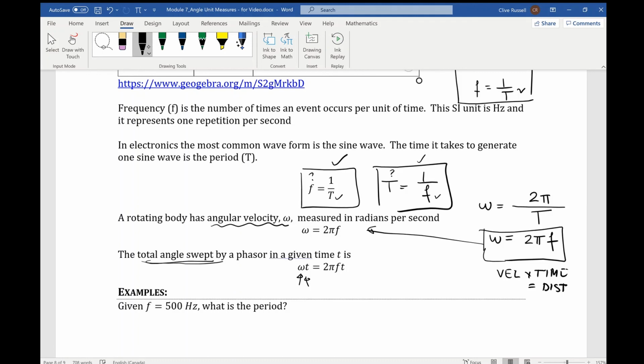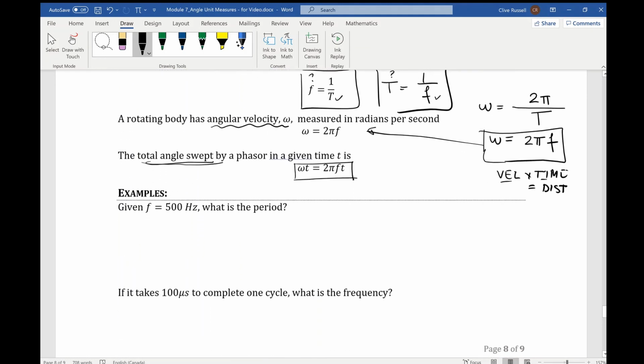We know the angular velocity is 2 pi f, multiplied by t. So the total angle, which is a distance, is your angular velocity multiplied by the time, which is where we get omega t equals 2 pi f t.